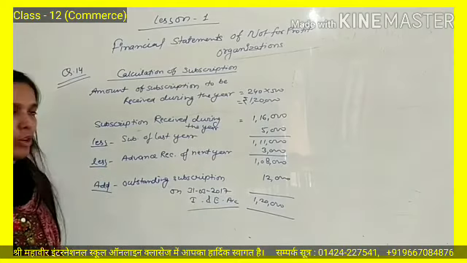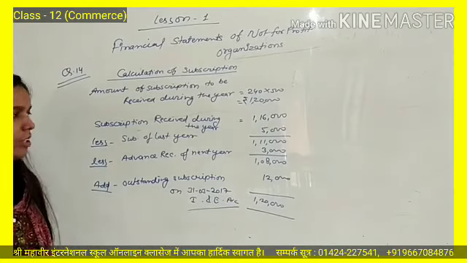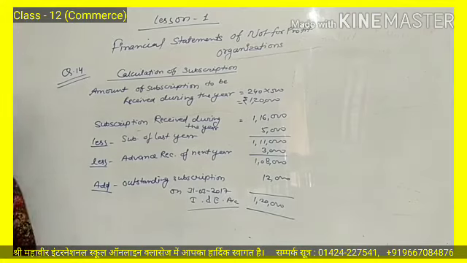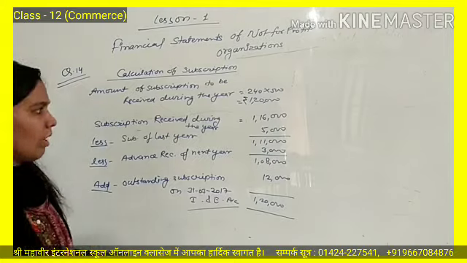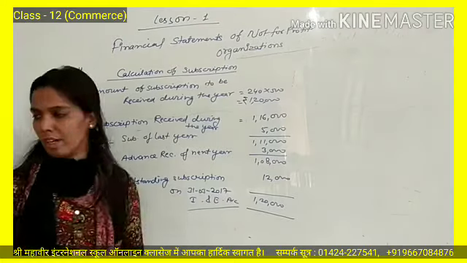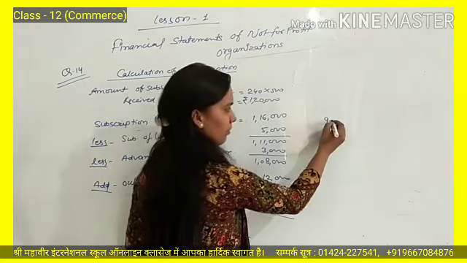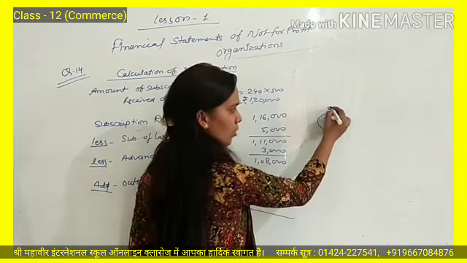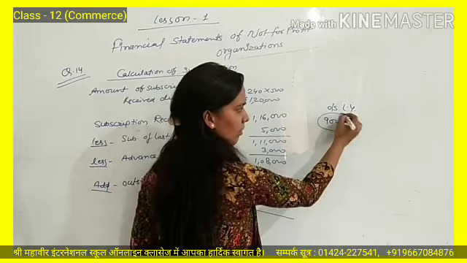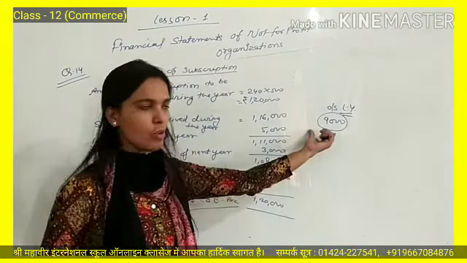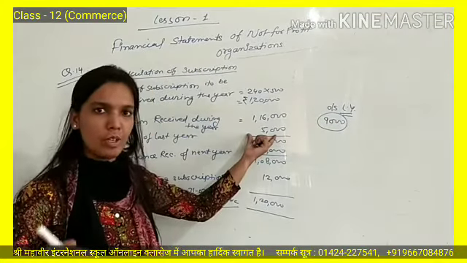Now let's move on to the balance sheet, what amount will be shown. In the question one line is there: subscription outstanding on 1st April 2016 is 9,000. Means last year's outstanding was 9,000. But out of this 9,000, 5,000 you received during the current year.